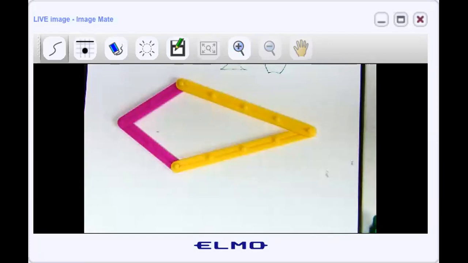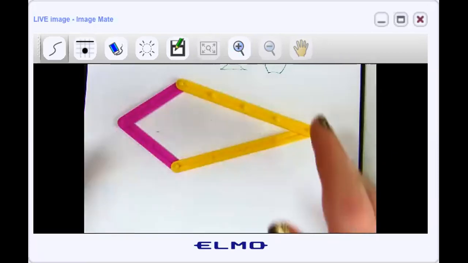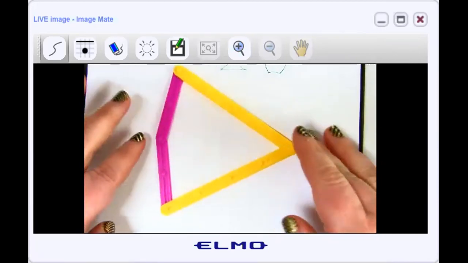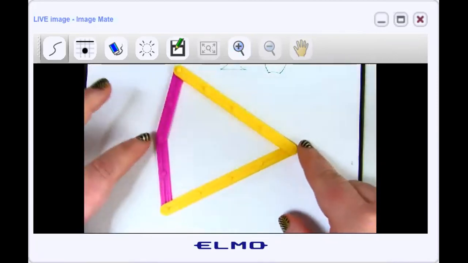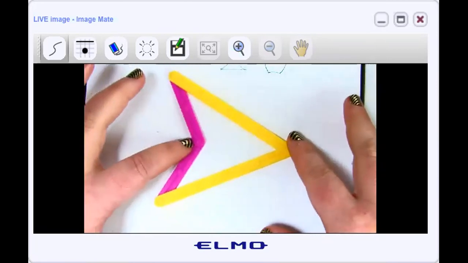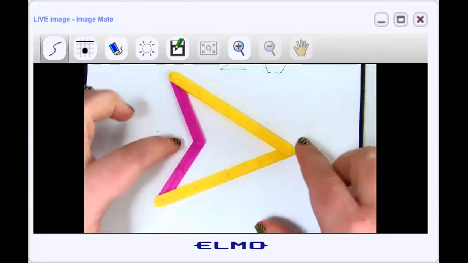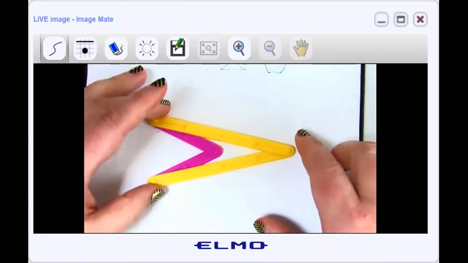Yes, that thing is a kite. You have two sides that are congruent, one right after another. Yep, perfect. Kites can start to look really funny, right? Especially when they dent in. Don't forget that they're still kites as long as you still have those requirements.